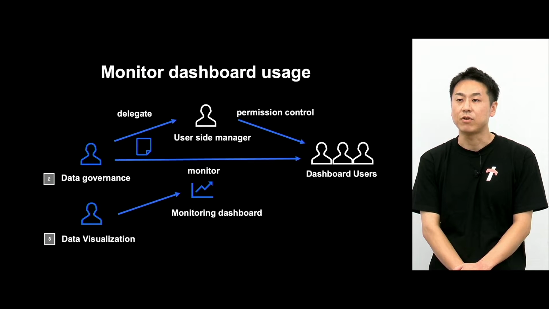To check the adequacy of user management on the BEAM project side, data visualization will create a dashboard to check the usage of the dashboard, and data governance will use it to check the usage of the account. By establishing such a system, we are able to manage authorization with a certain level of quality, even as the number of dashboards and users increases.